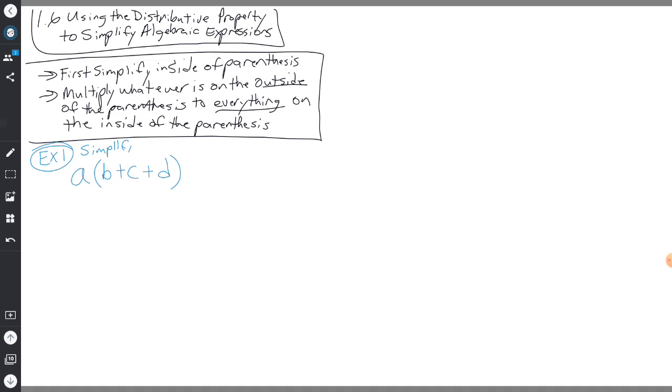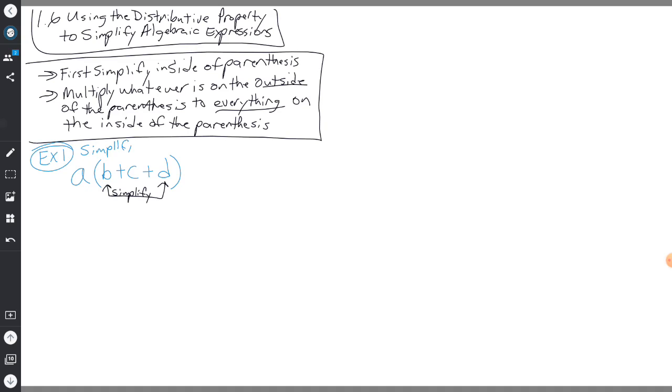First we look on the inside to see if we can simplify anything. Is there anything we can do? If they were like terms, we could add them together, but they're different variables, so there's nothing we can do.